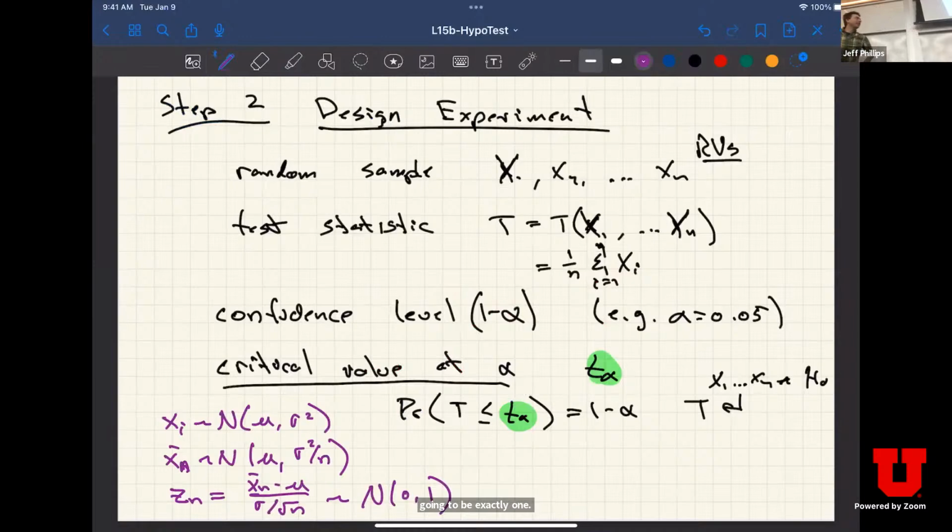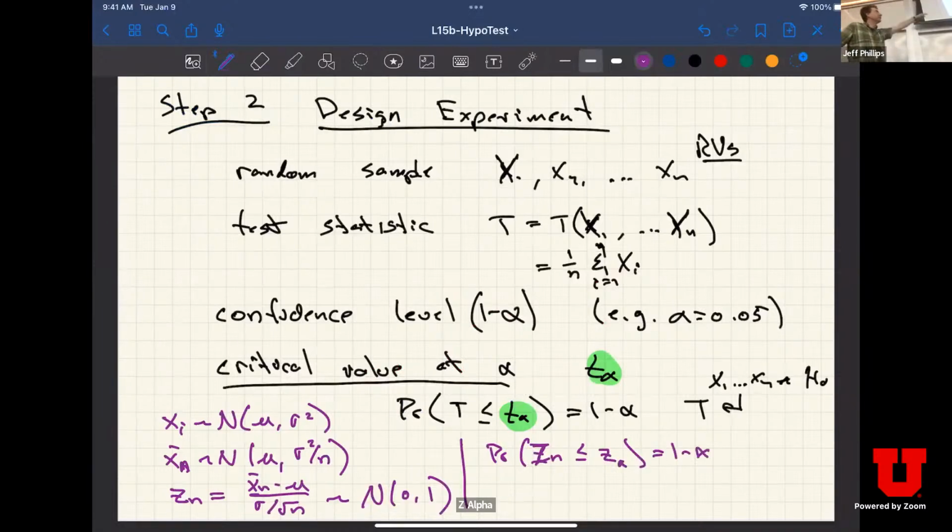Okay, so now if I look at Zn, I can look this up. I want the probability that Zn is less than lowercase z alpha equals 1 minus alpha.